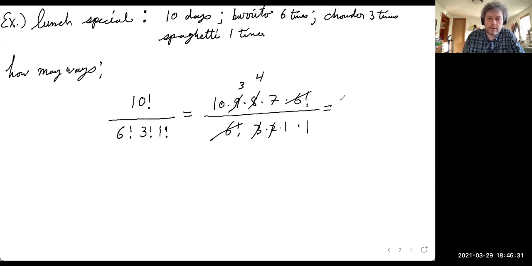That'd make it a little bit easier. So 10 times 3 times 4 times 7. Well, that's going to be 30 times 4, which is 120, times 7, which would be 700, plus 140, that's 840. Okay, so I claim that there's 840 ways to have this meal plan with those restrictions.